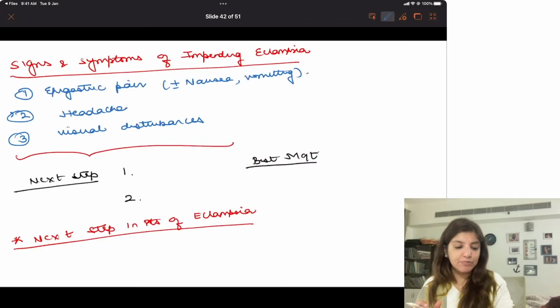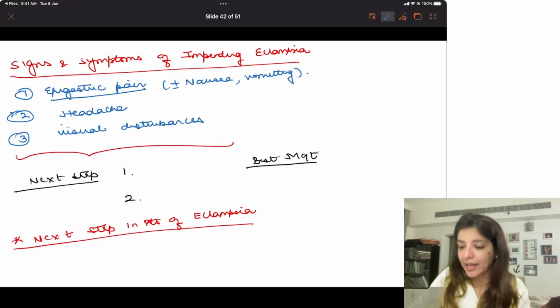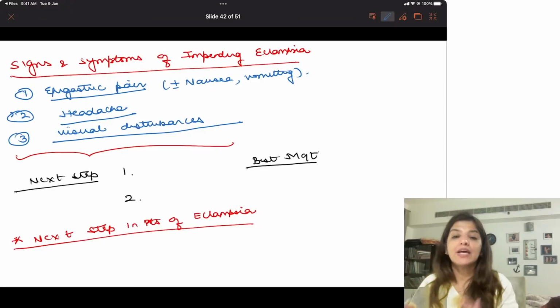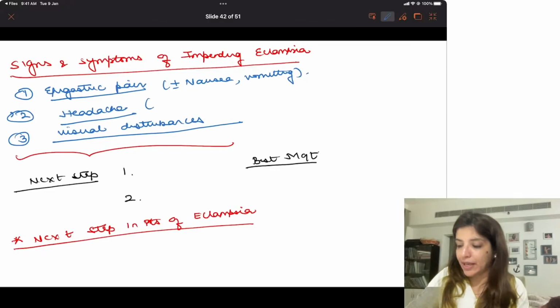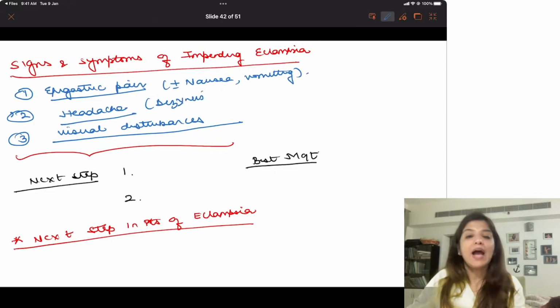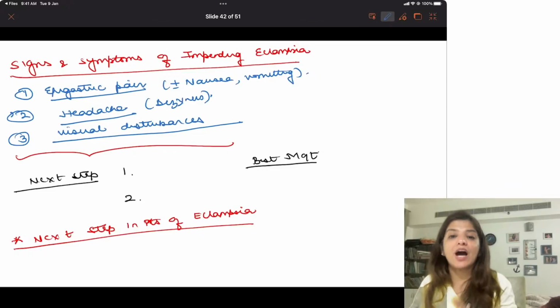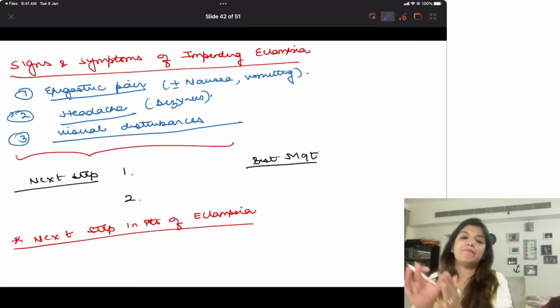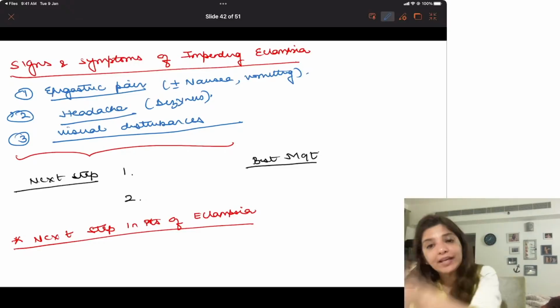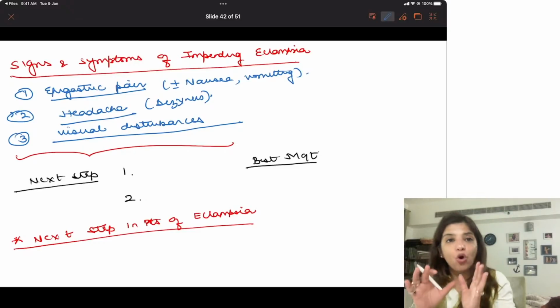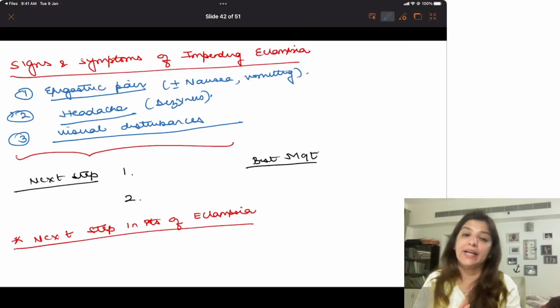The signs and symptoms which tell you that impending eclampsia is about to happen are epigastric pain, headache and visual disturbances. Epigastric pain plus or minus nausea and vomiting, headache which can be there with dizziness, and visual disturbances. These are the ones which are specific that yes, impending eclampsia is about to happen. Oliguria again is a finding in an eclampsia patient, but it is not a sign of impending eclampsia.